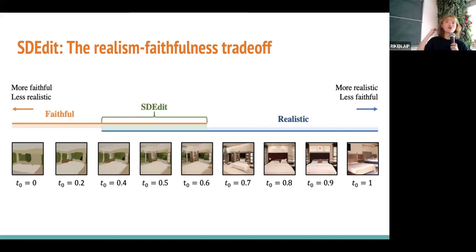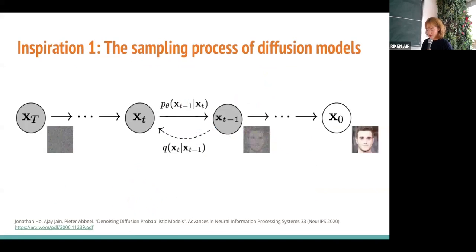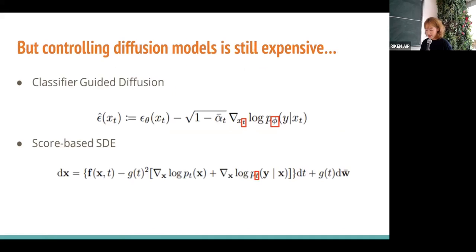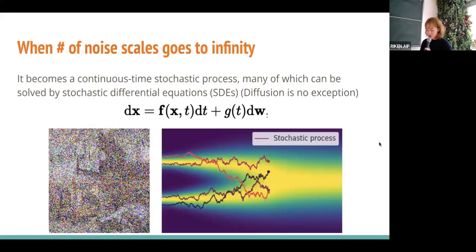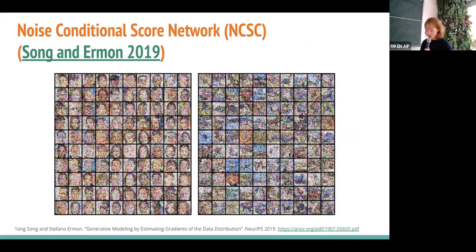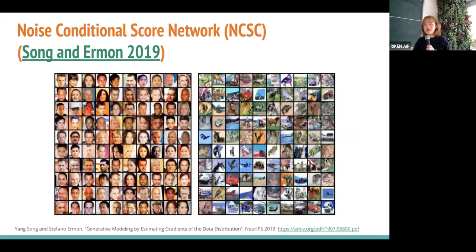If you don't do that, then the stochasticity will come from this part. So it will still have some stochasticity in it.